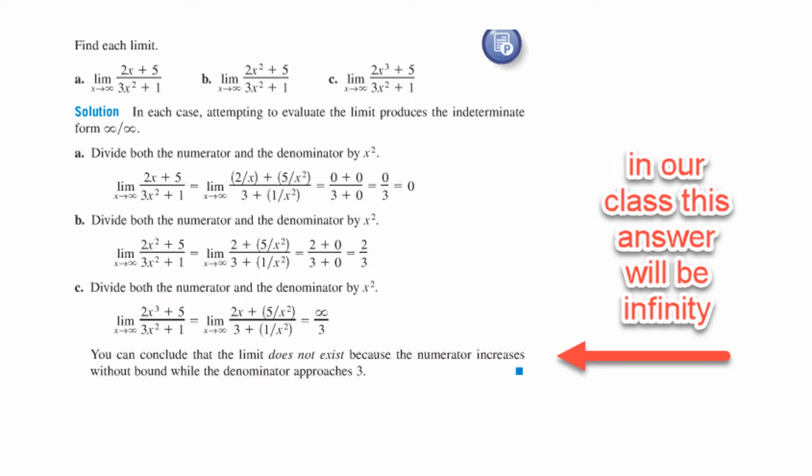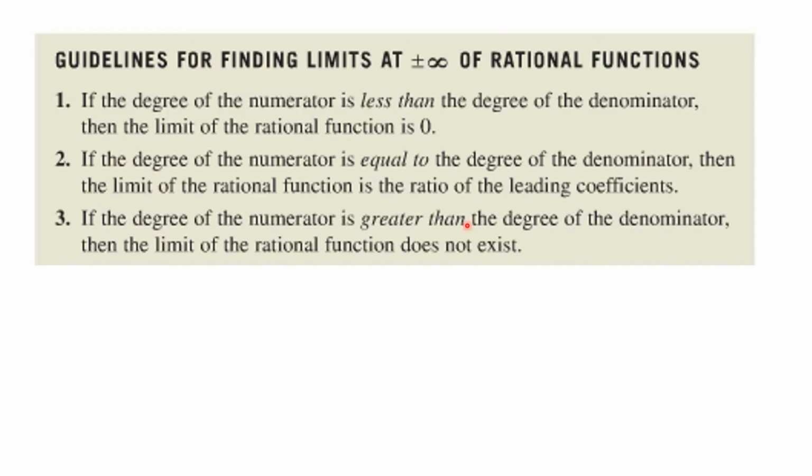Thinking about this problem, you might say, gee, there ought to be a rule. And here is the rule. If the degree of the numerator is less than the degree of the denominator, that's the highest power of x that you see, then the limit of the rational function is 0. If the degree of the numerator is equal to the degree of the denominator, then the limit of the rational function is the ratio of the leading coefficients. That's the highest power of x.